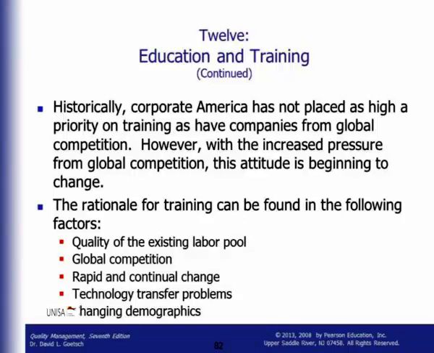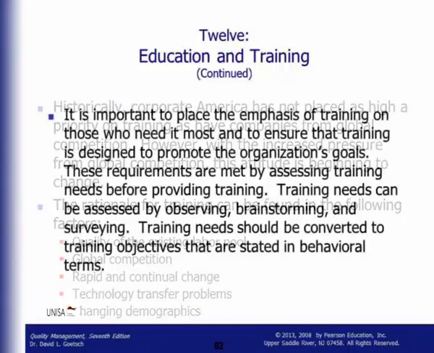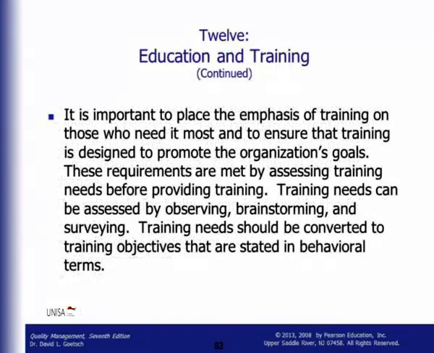The rationale for training can be found in the following factors: quality of an existing labor pool, global competition, rapid and continual change, technology transfer problems, changing demographics. It is important to place the emphasis of training on those who need it most and to ensure that training is designed to promote the organization's goals.